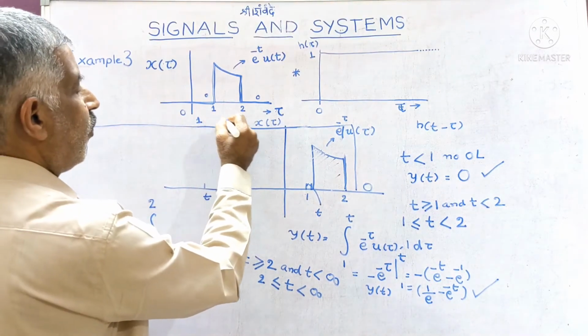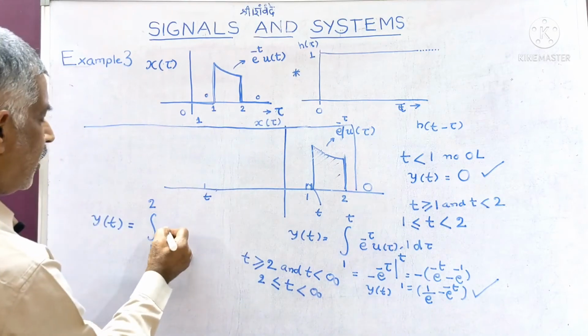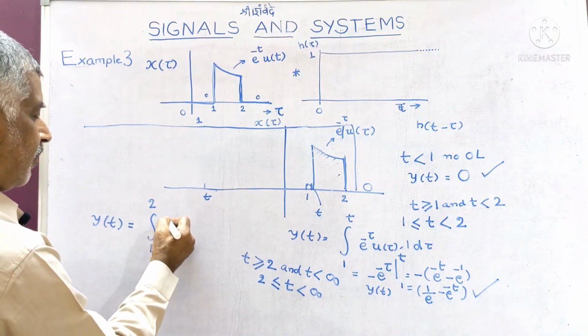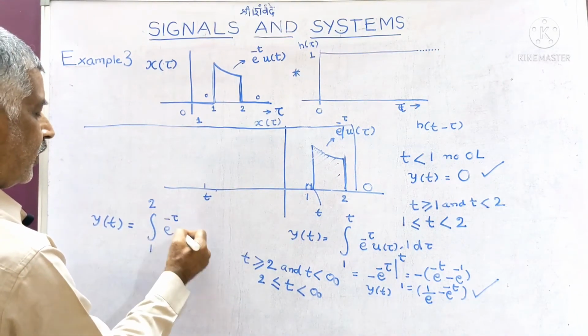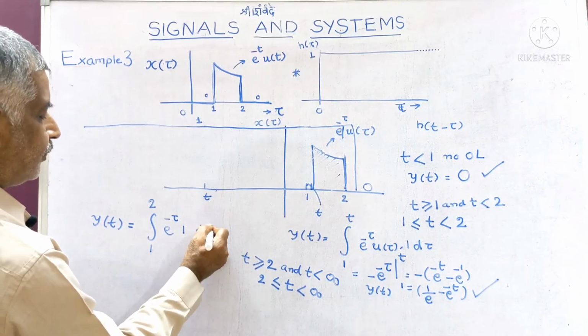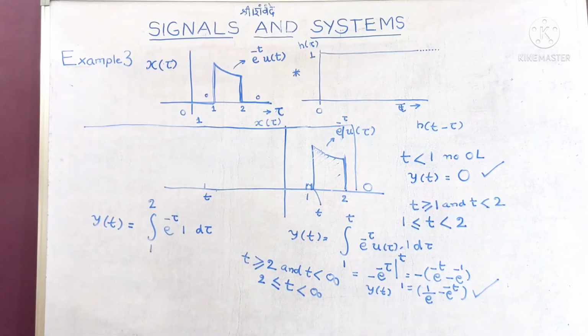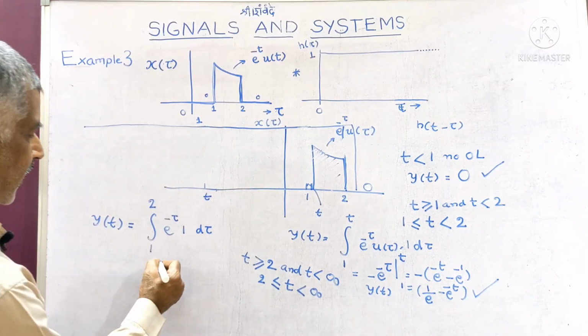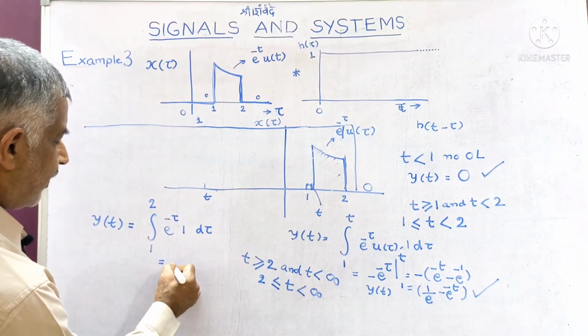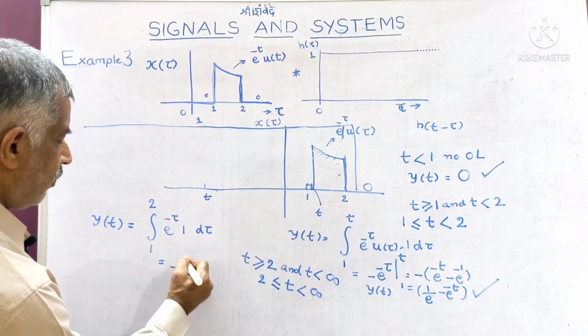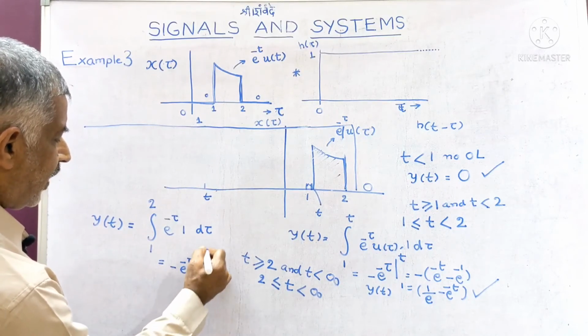Then the mathematical form of the functions. As usual, e power minus tau into 1 d tau. That is minus e power minus tau, limits 1 and 2.